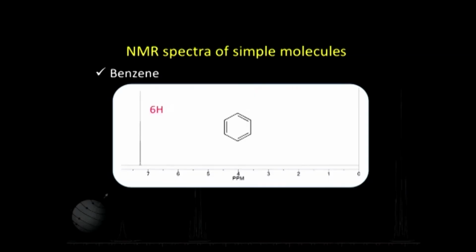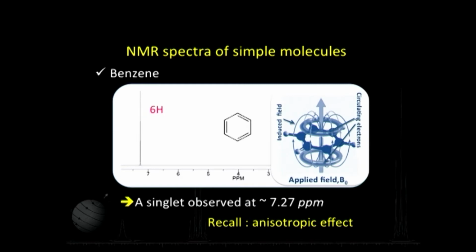Let us move further and look at the spectrum of the benzene molecule. Benzene again is a very highly symmetric molecule. This gives me one signal of 6 protons at about 7.27 ppm, which is a characteristic value for benzene. And this again, you will recall we discussed earlier, is because of the anisotropic effect.